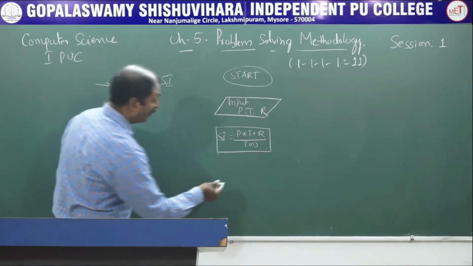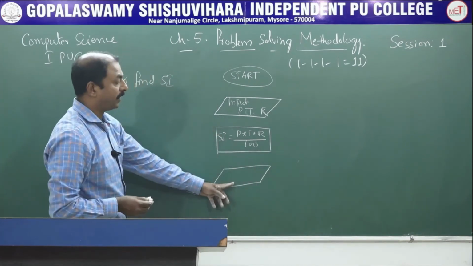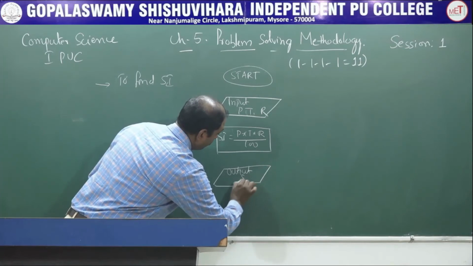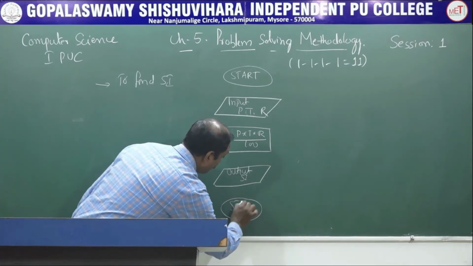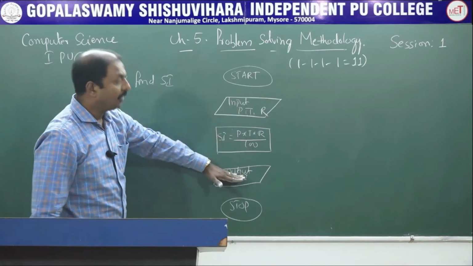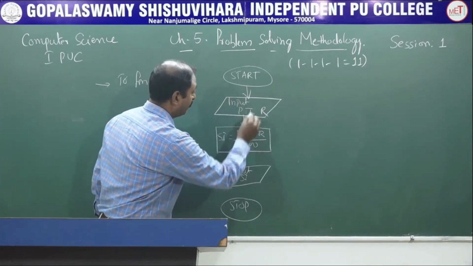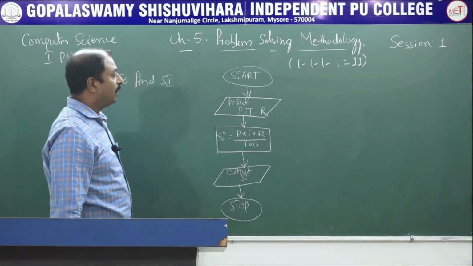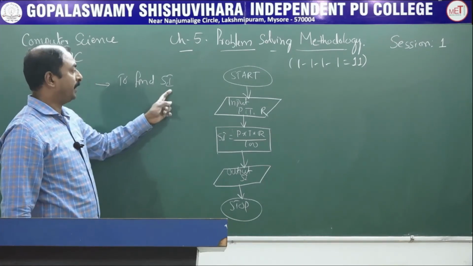That is the second step. And the final step is we have to output the result or print the result. We use a parallelogram, and here we can write output simple interest, and we close it with stop here. And these are step 1, step 2, step 3, and all these steps are connected by using flow lines. This flow line indicates flow of instructions or flow of logic. So this is a simple flow chart to find simple interest.